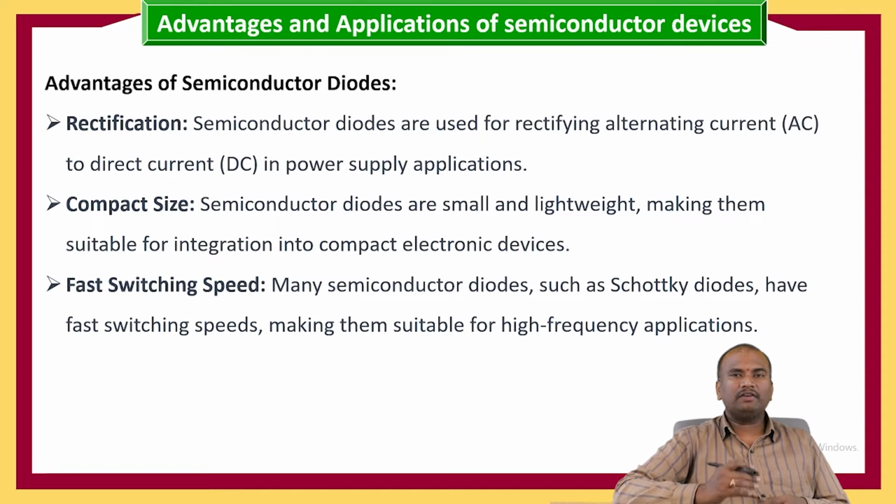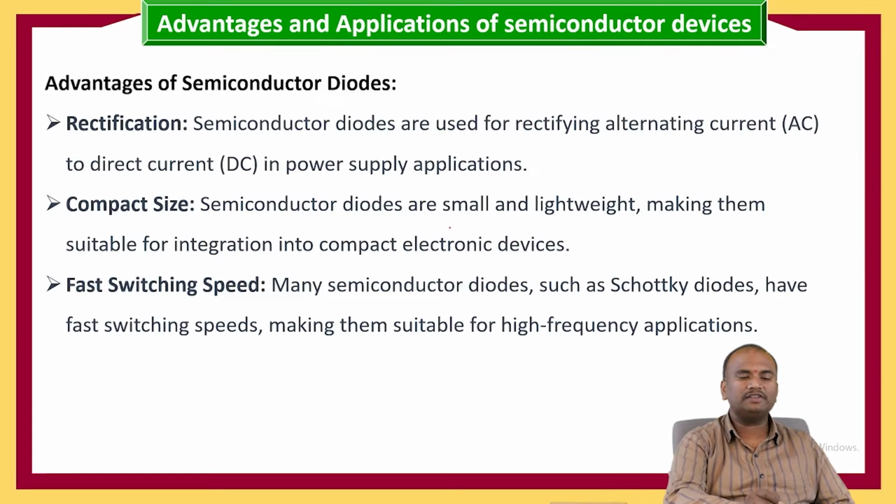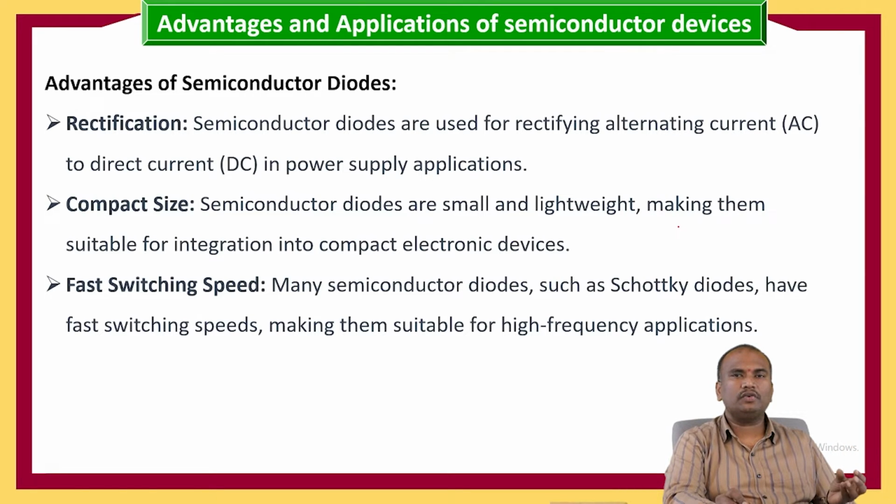Whenever we require a DC supply in order to charge batteries, like our mobile phone or laptop chargers, all of these have rectifying operations inside the charger. For that rectification process we use diodes, and the size of the diode is very small and lightweight, so we can easily integrate it into our electronic devices. And switching speed is very high.